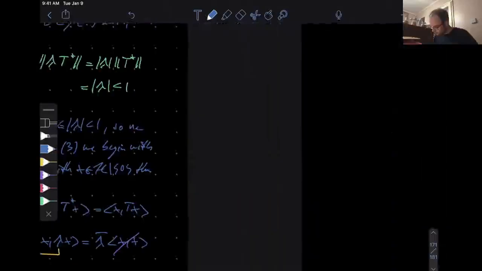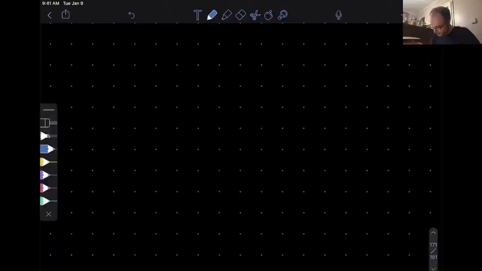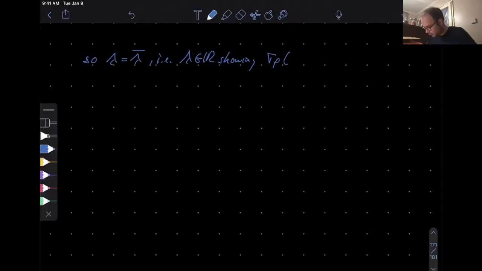So lambda equals lambda bar, meaning lambda is real. That shows that the point spectrum is certainly real. But we need more now.